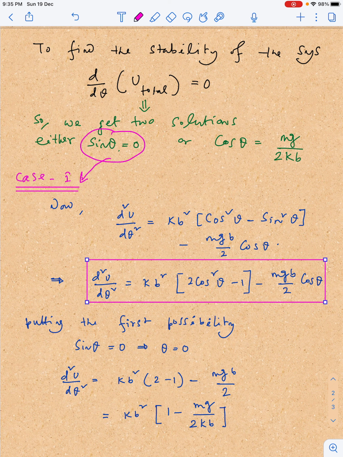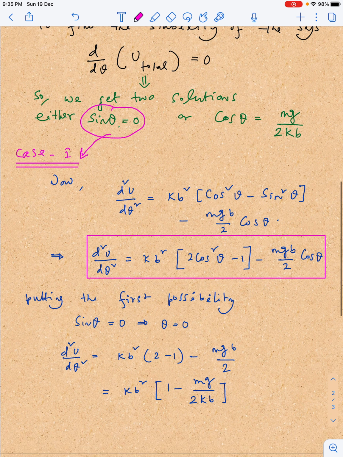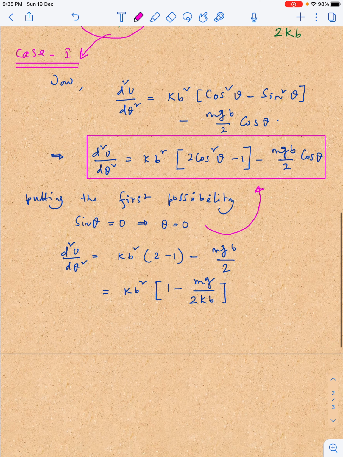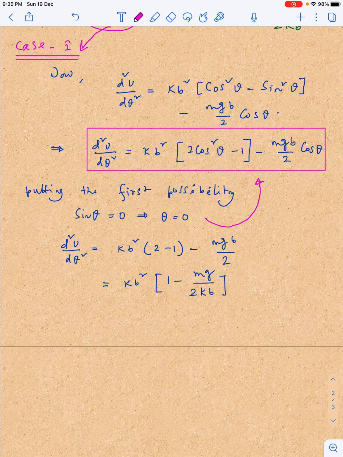Now from this we will try to get the idea of the equilibrium. For the first possibility we have already discussed sine theta is equal to 0, that means theta is equal to 0. If I substitute this here, we get d2U d theta 2 is equal to kb square into 1 minus mg by 2kb.